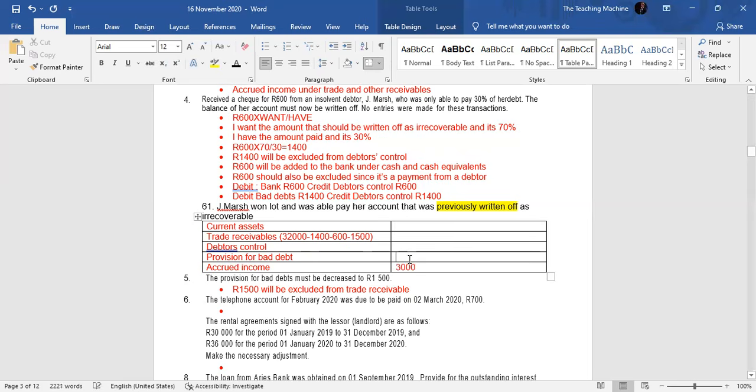Provision for bad debt, always in brackets, 1.5. The net trade debtors should be 32,000 minus 1.4 of bad debt minus the payment we have received from the debtor. Okay, so this is how your trade receivables will look.